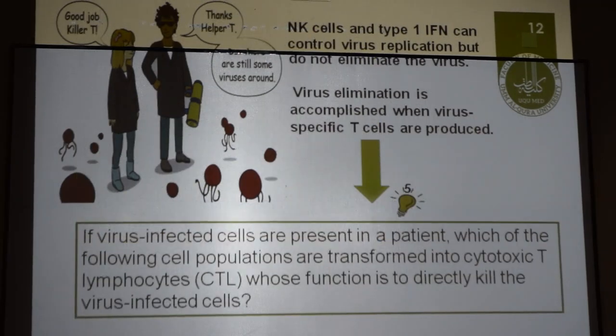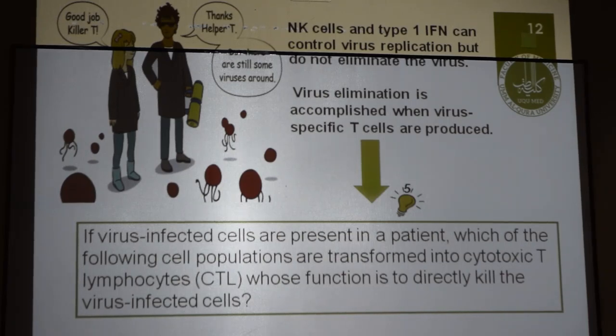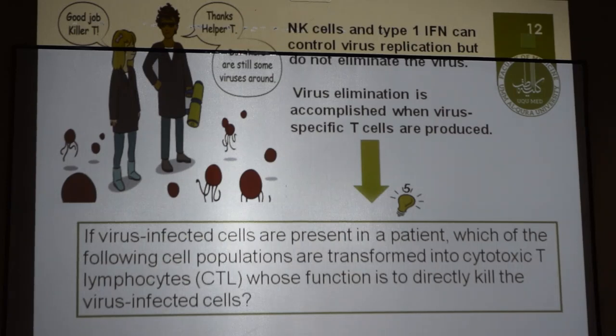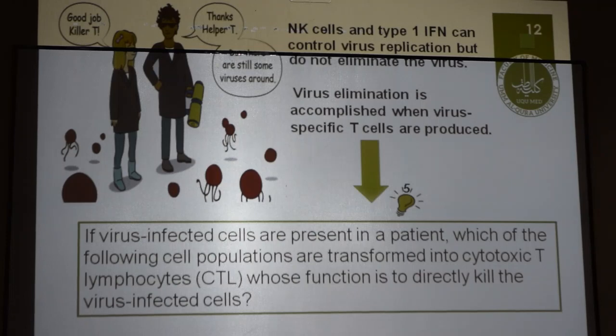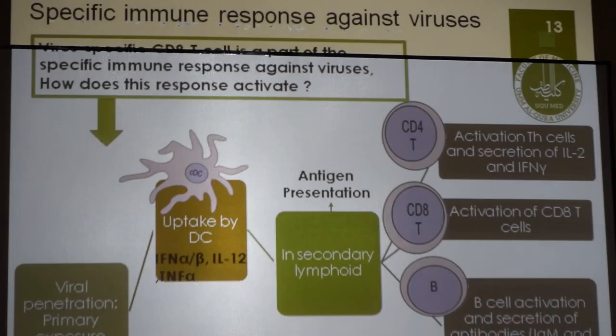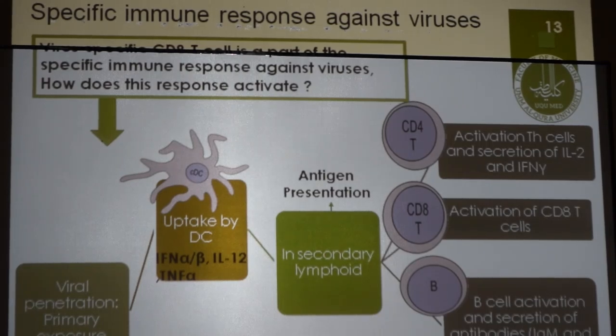Now the question is, if virus-infected cells are present in a patient, which of the following cell populations are transformed into cytotoxic T lymphocytes whose function is to directly kill the virus-infected cells? Antigen presentation by the classic dendritic cell will cause activation of CD4 cells, CD8 cells, and B cells, and all of them have got different roles to play.